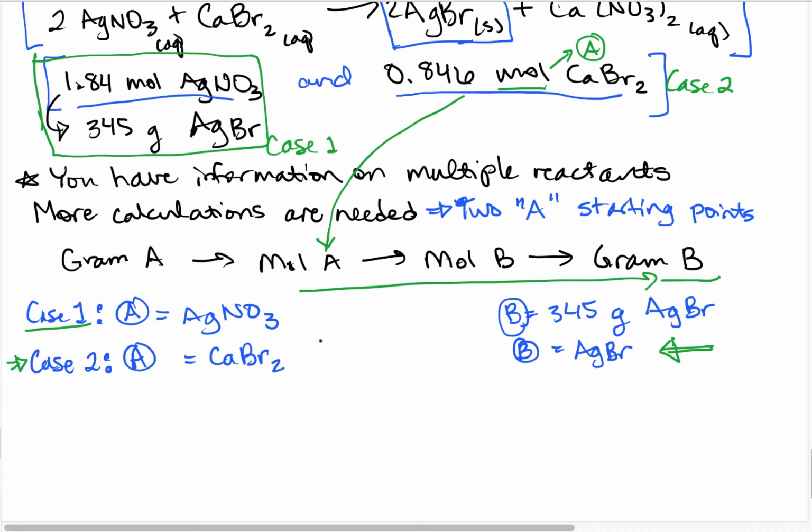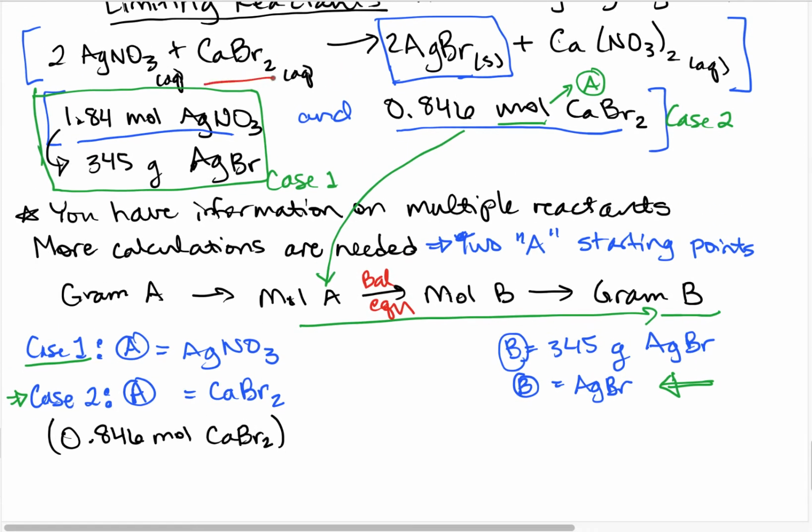Okay, welcome back. I hope you took time to do this because this is how you're going to get good at these problems. So our starting point with case 2 was 0.846 mole calcium bromide. And when we look at our process from this moles of A to moles of B, we're always using the balanced equation for this. And so in our balanced equation, we're relating calcium bromide to silver bromide.